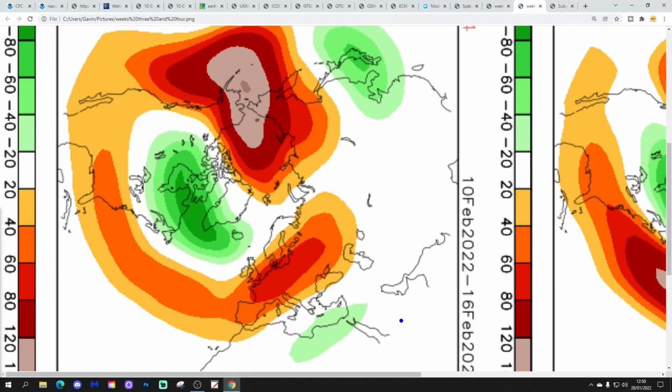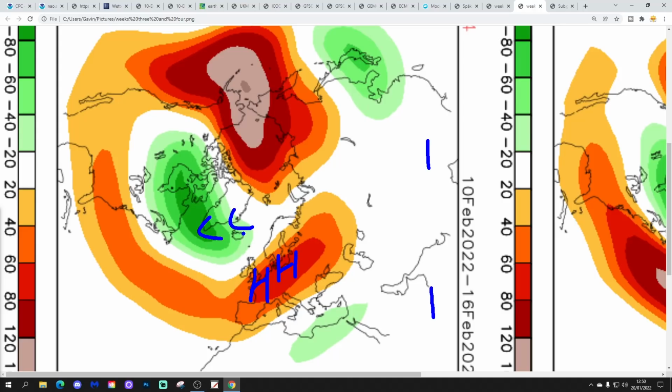Heading to week 4, this is a change from yesterday. Remember the last couple of days, the CFS week 4 anomaly maps have been hinting at the possibility of a Scandinavian high. That's completely gone today. It's the 10th to the 16th of February, and all that happens in week 4 today is that the high pressure strengthens to the south again.